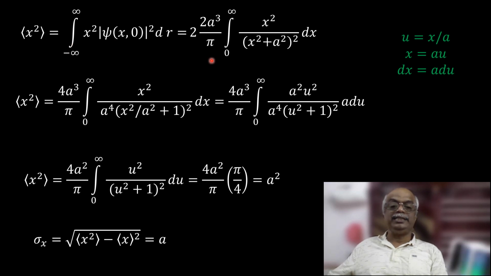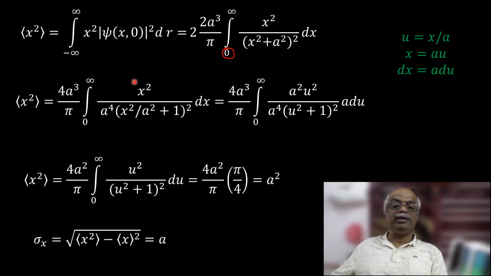Here I am changing the limits of the integral from minus infinity to plus infinity into 0 to infinity. So there is a multiplication factor 2, and modulus A squared, as you know very well, which I have taken out, is 2a cubed divided by pi. This is the square of the normalization constant, and you have x squared divided by x squared plus a squared, whole squared, dx.